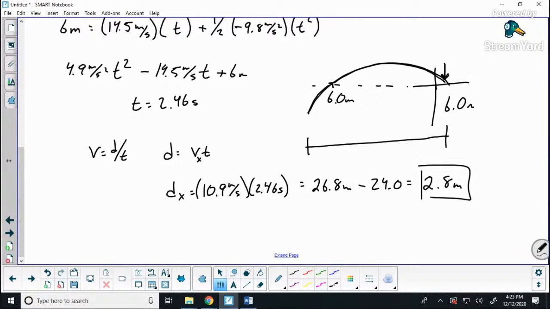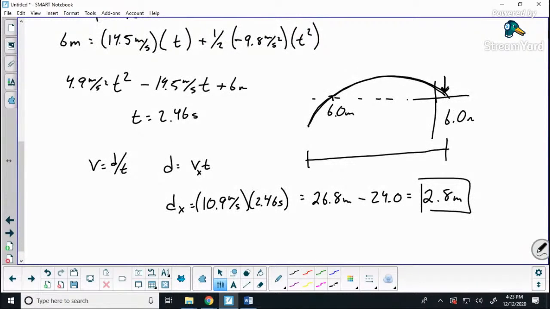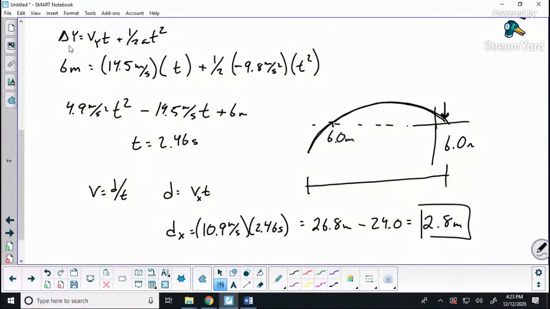So to kind of summarize this, what's going on again is we are first using information in the y-axis as far as at what 2 points in time it will be at 6 meters of height. Using the quadratic, we find on the way up, we get one value. On the way down, we get 2.46 seconds.